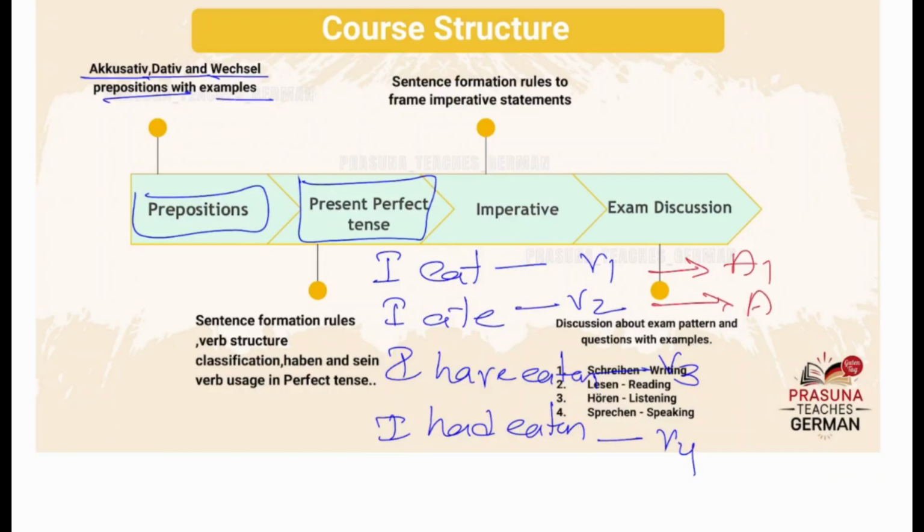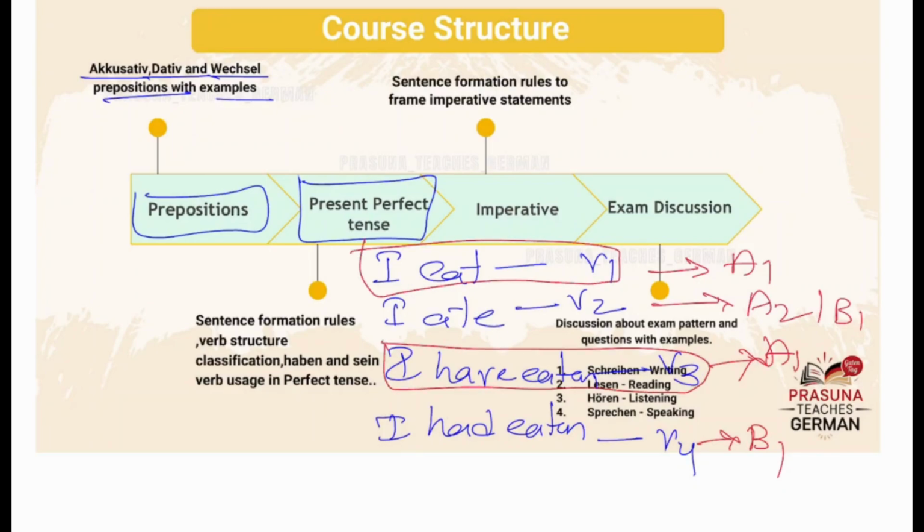The past tense we will cover partially in A2, completely in B1. The present perfect tense we will cover completely in A1. The past perfect tense will be completely in B1. So in A1 we are going to cover the present tense as well as the present perfect tense. That's why you can speak just like in English once you're done with this A1 course. This is as per the Goethe syllabus.